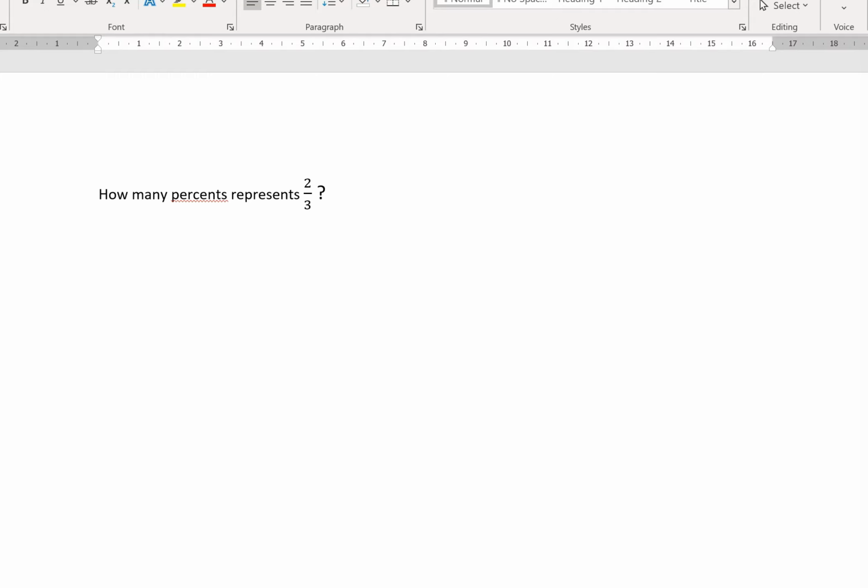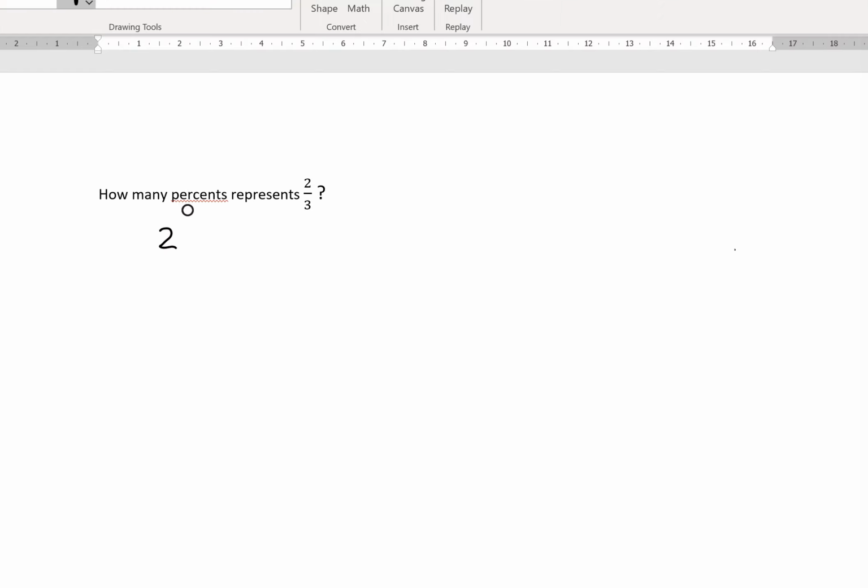Or convert 2 over 3 into percents, this is what you could do. 2 over 3 represents, I don't know how many percents, x. And from here you get to solve for x the way we've learned in proportions.